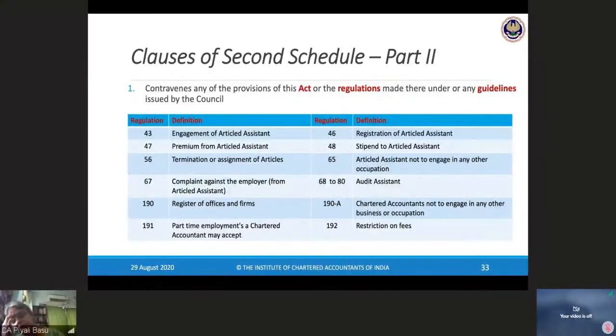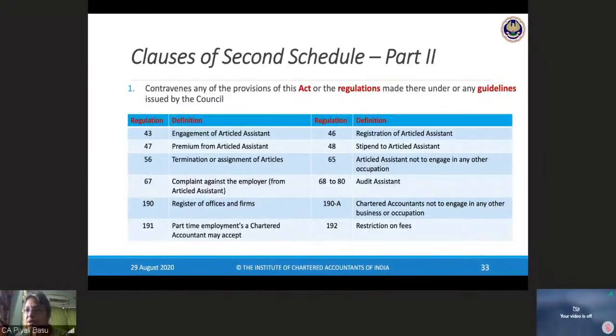We can't take a premium; it is absolutely a misconduct for a chartered accountant in practice to take money. And it is important for a chartered accountant in practice to pay a stipend to article students as per the guidelines and the regulations. Article assistants must not engage in any other occupation.